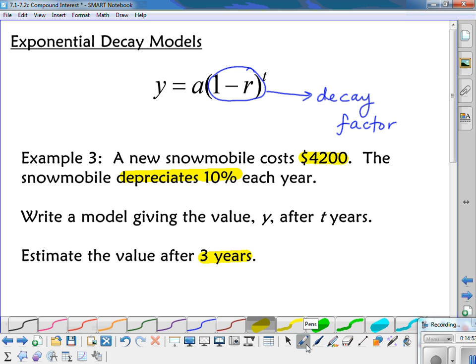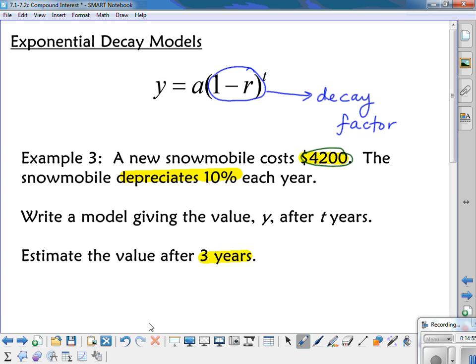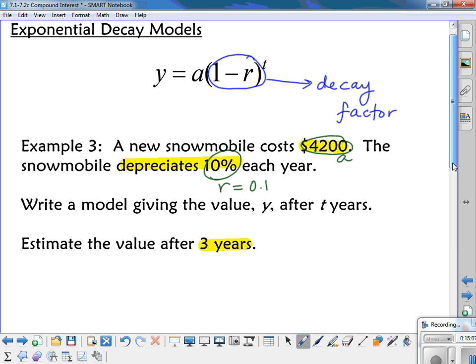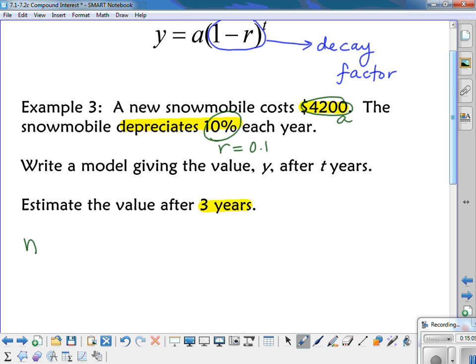So my initial value was 4,200. That's my A. And 10%, if I make that into a decimal, it is 0.1 or 0.10, whatever you want to say. And then 3 years will be my time after I do my model. So let's do the model first. I just plug in what I know.